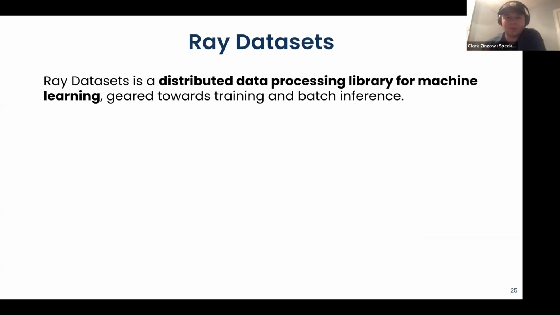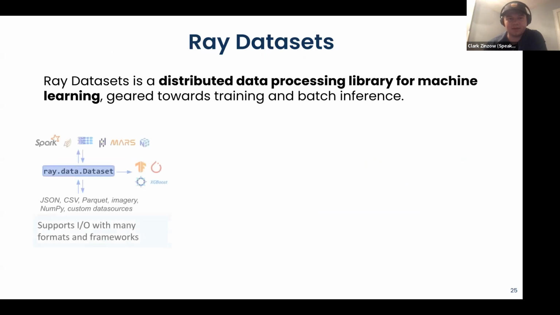So first, a little bit more about what Ray Datasets actually is. It's a distributed data processing library specifically geared towards machine learning, and really towards those two key use cases of training and batch inference. What this means is it has a really great I/O layer with support for many common formats and frameworks.